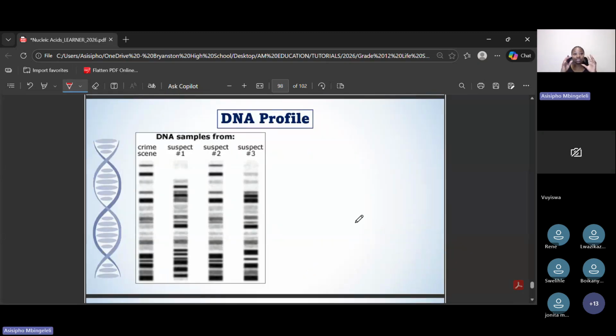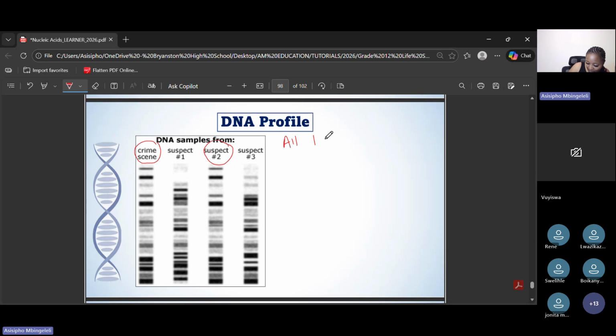Now you have to use the words that you are given here. All the DNA bands from the crime scene match those of suspect 2. That's 2 marks. So how we analyze it, that is our rule. But your answer, this is your reason: all the DNA bands, it's supposed to be bands, from the crime scene.